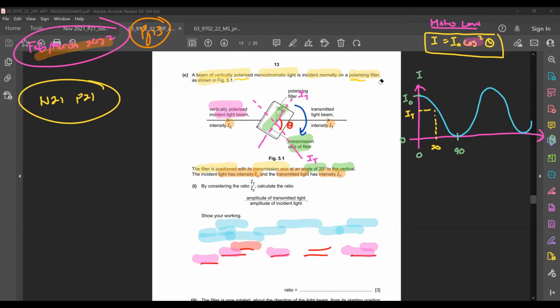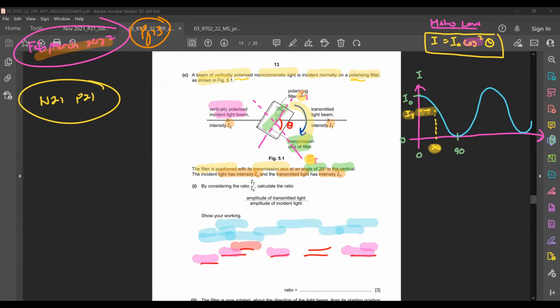Now, at the angle of 20 degrees from the vertical, which is this one here, we're supposed to have an intensity of IT. So the question says that we are supposed to rotate this polarizer such that the angle increases until we are getting back an intensity that is the same as before.